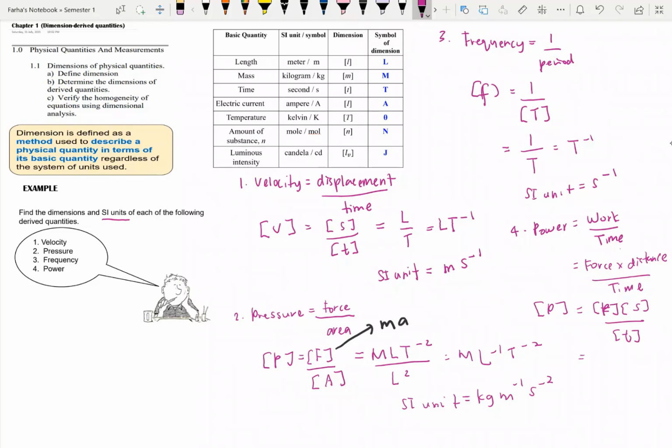Okay, for force, force equals MA, which is MLT^-2. S is distance, which is length, then over T, and we get ML^2 T^-3. This one is the dimension unit. The SI unit is equal to kilogram meter squared s^-3. So that's all for the dimension of derived quantities.